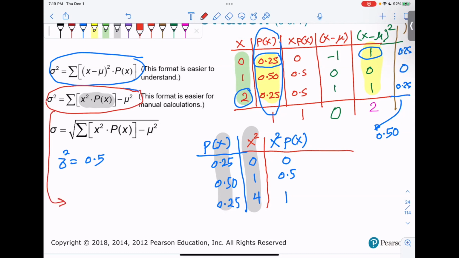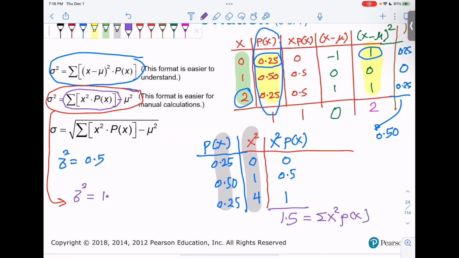So the first part is this, which is equal to the summation of those, right? 1.5. So this value is the summation of x squared times probability of x.